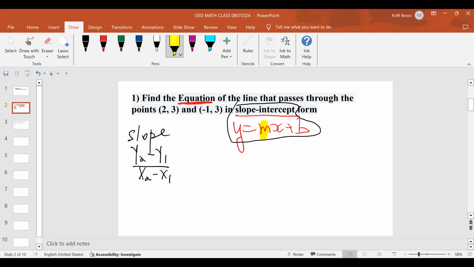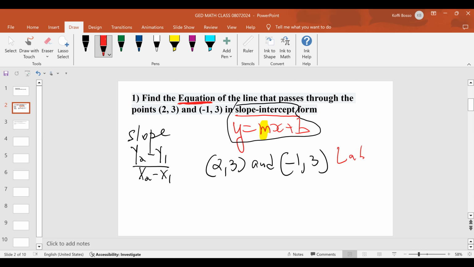Now, when they give you two points, which is the case here, they say (2, 3) and (negative 1, 3). So the first thing to do here is to label your points. When they say point, we have two values in the parentheses separated by a comma. What does the 2 represent for the first point? It's x1.